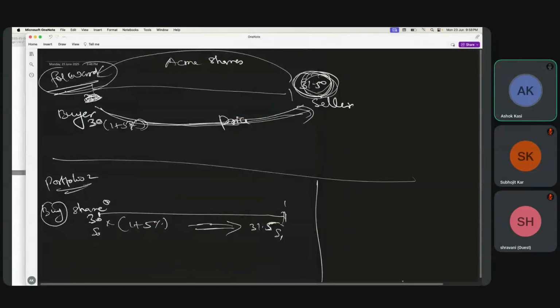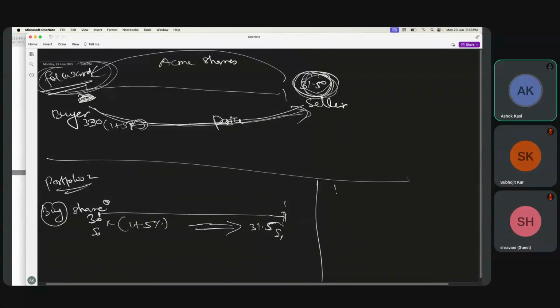So let's say this portfolio 1 is a bond whose face value is 31.50. If its face value is 31.50 and you have to discount it by 1 plus 5%, you will get the present value.